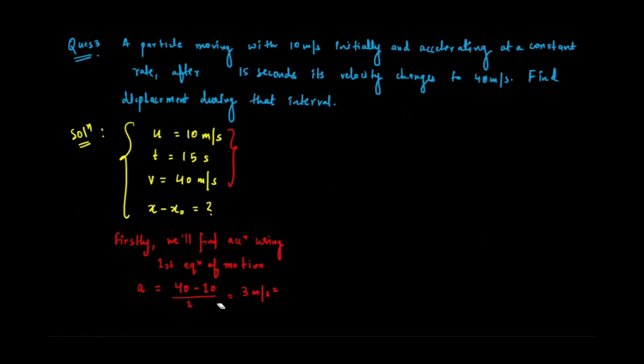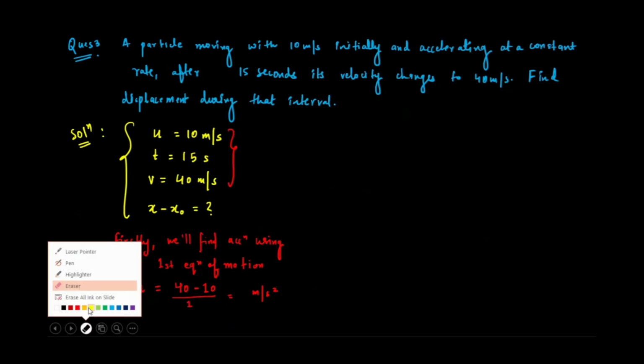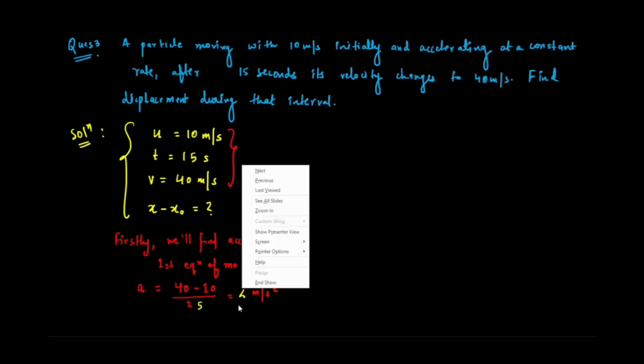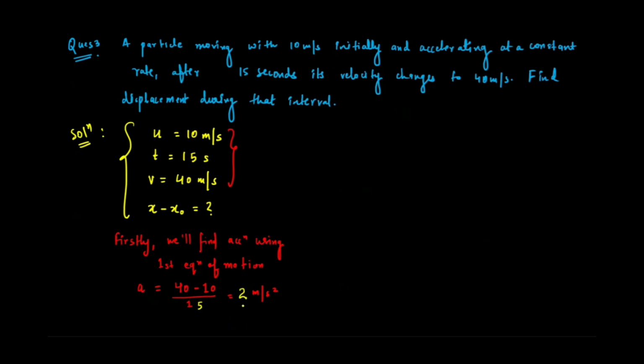For 10 seconds it would be 3, but since it is 15 seconds, it is going to be 2. So the solution is 2 meters per second square.